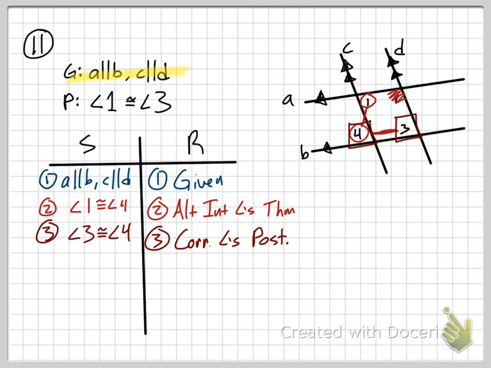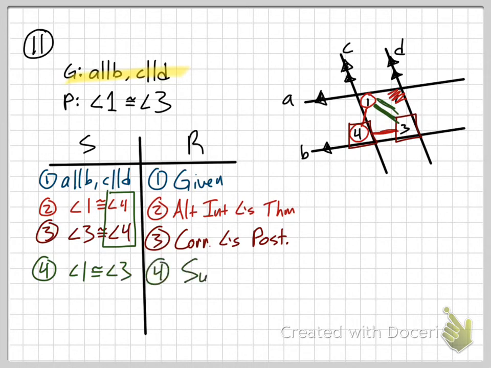So we've connected the bridge between 1 and 4 and 3 and 4. Now we can connect 1 and 3. As we look at our evidence, I see that 4 is on the same side. So we can substitute here and say that angle 1 is congruent to angle 3. And our reasoning is a Math 1 topic, substitution.